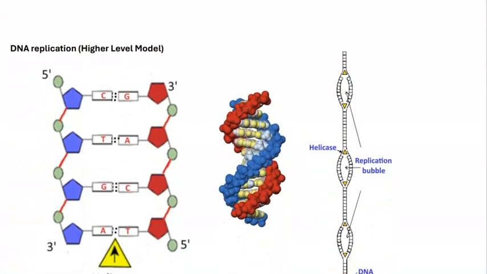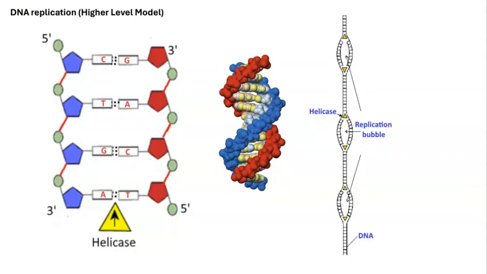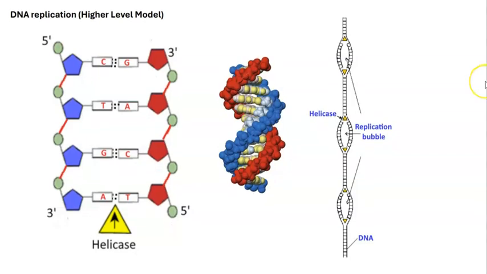So let's look at the ways in which the higher level model differs from the standard level model. As before, we have the DNA molecule shown here as the double helix, and as previously mentioned, students do not need to be able to draw the double helix, but you are expected to be able to draw what is known as the ladder diagram, as shown here.